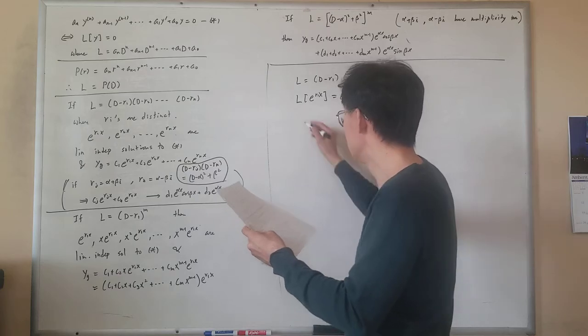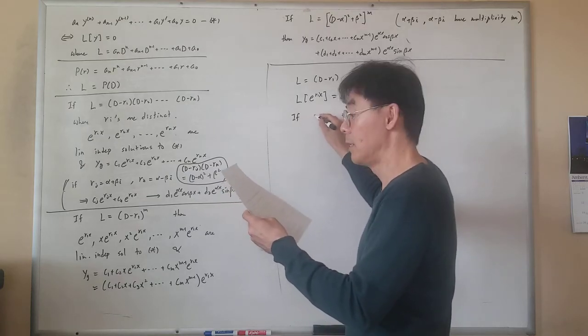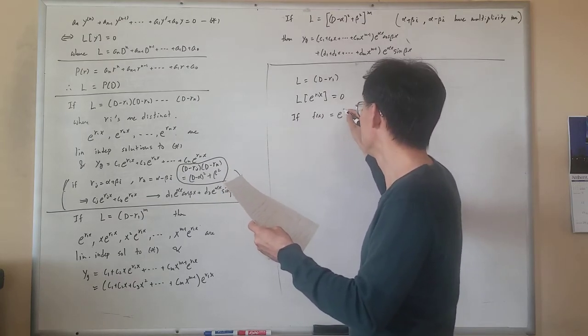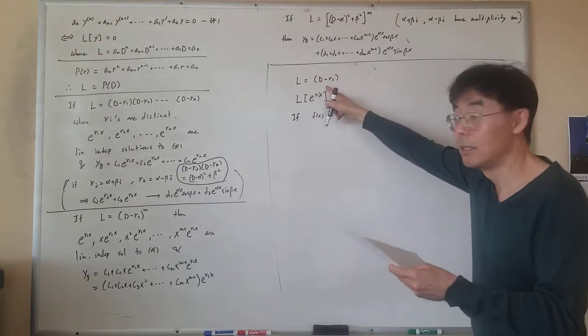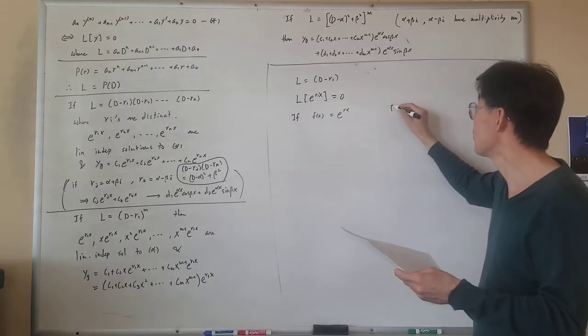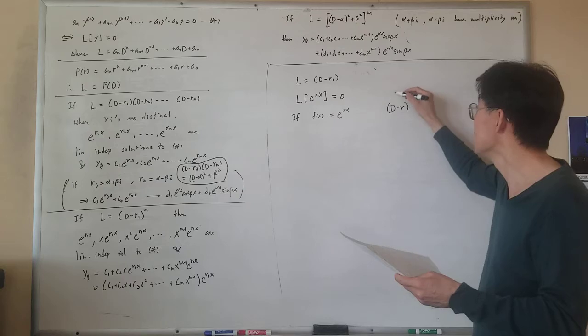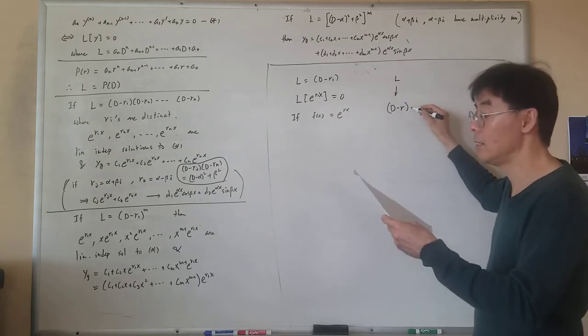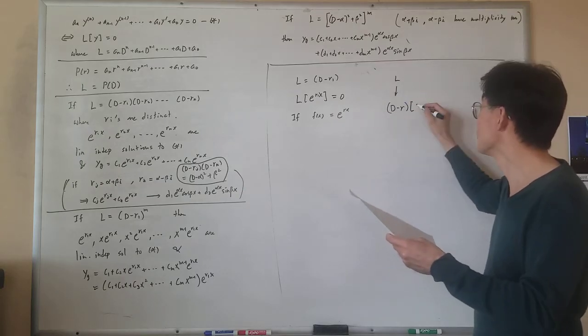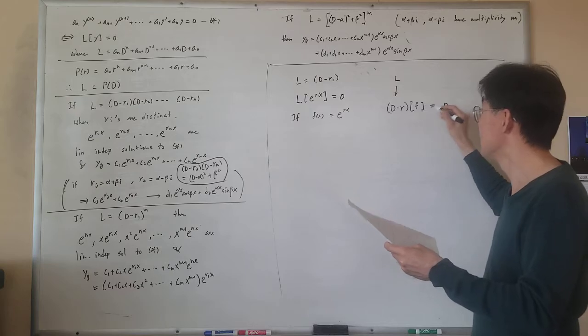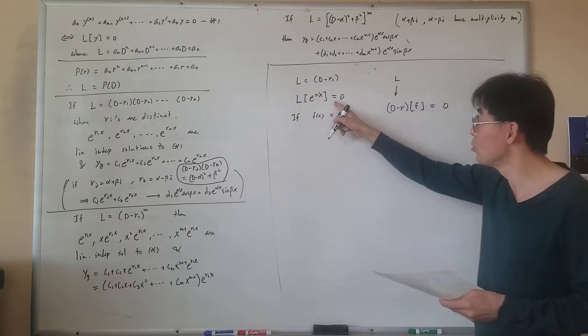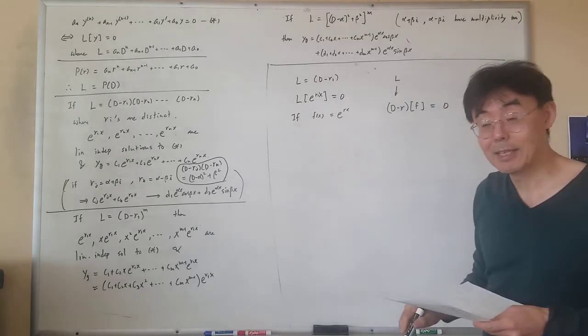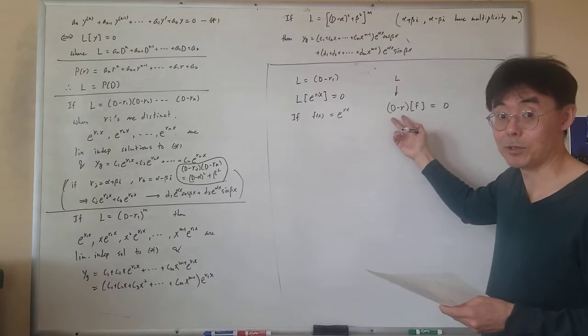If f of x is e to the rx, and the linear differential operator is D minus r, this is our L, right? This function becomes 0 because it is a solution to this differential equation, if your L is just the first one.